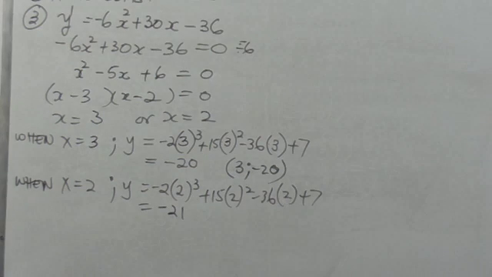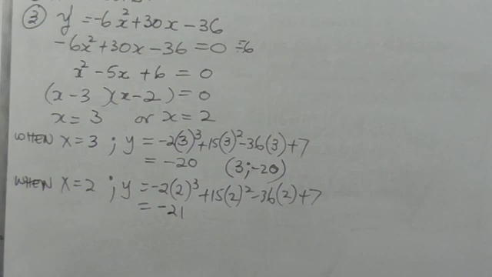We'll just double check. Minus 2 times 2 cubed plus 15 times 4 minus 36 times 2 plus 7.